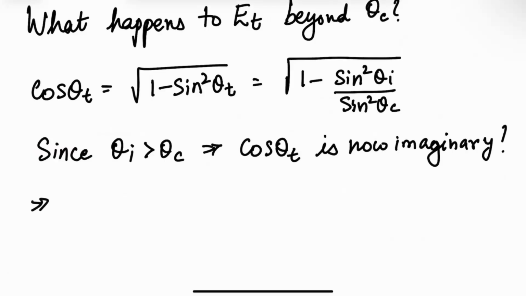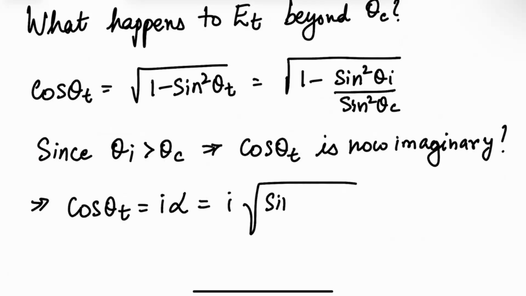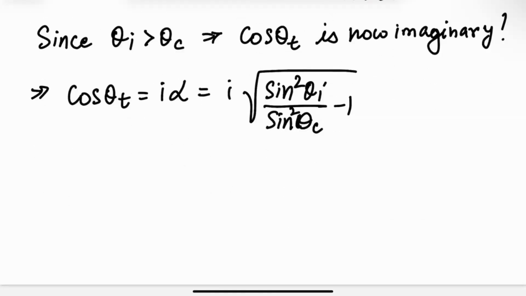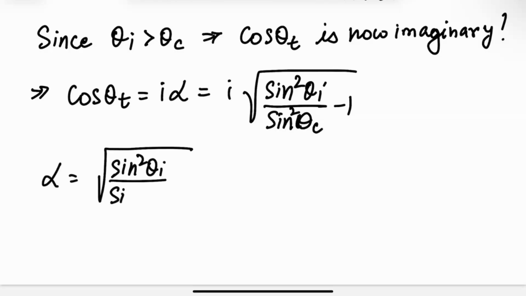We can essentially say cosine theta t we'll write as some i alpha, which is i times the square root of sine square theta i over sine square theta c minus 1. That's what alpha is. And sine square theta c is n2 square over n1 square, so I pull the sine square theta c out.